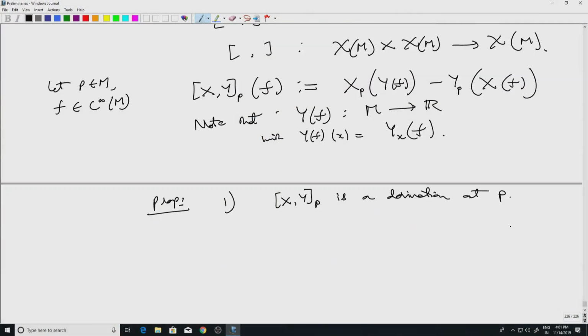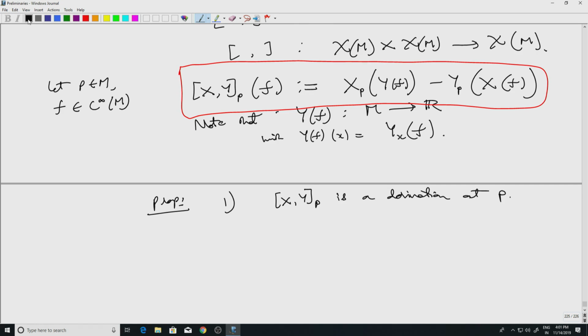Hello and welcome to this discussion on vector fields and in particular Lie brackets. So last time I defined this operation starting with two vector fields. So the main definition is here. Notice that one actually needs vector fields.